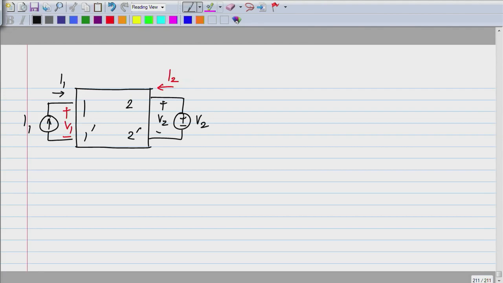So in this case, if V2 is 0, then both V1 and I2 will be proportional to I1. V1 will be something times I1 and this is denoted by the letter H, H11 times I1, and I2 will be H21 times I1. And if I1 is 0, both V1 and I2 will be proportional to V2.